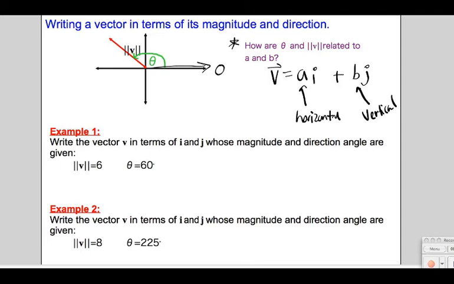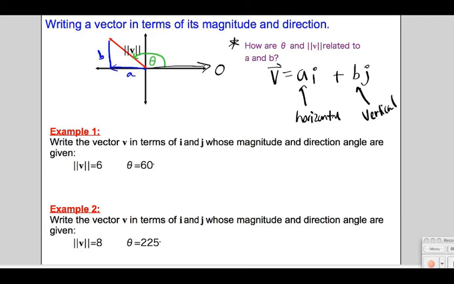So in my picture here, let's find a and b. a is the horizontal component, so it's this distance here. b is the vertical component, so this distance here. Now the question is, how are theta and the magnitude of v related to a and b? Well, we can use the definitions we already have for various pieces in this picture, in this angle.